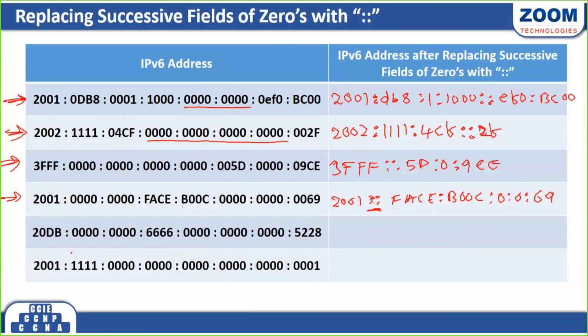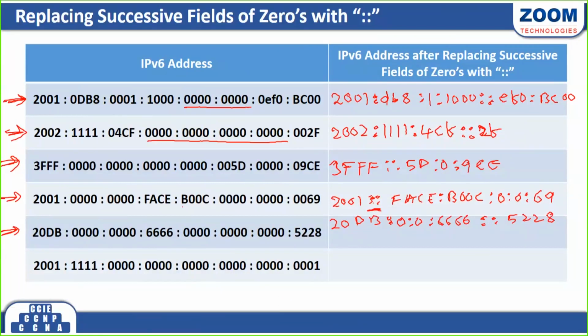Next example. 20DB, 0, 0, 666, 6666, then double colon, 5288.